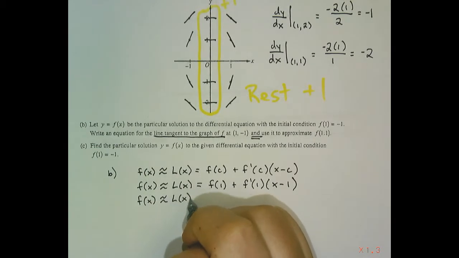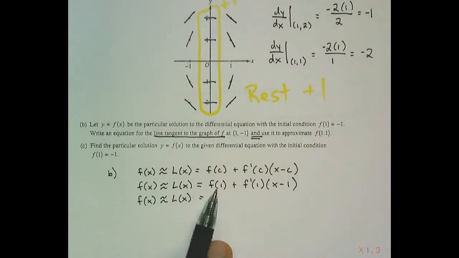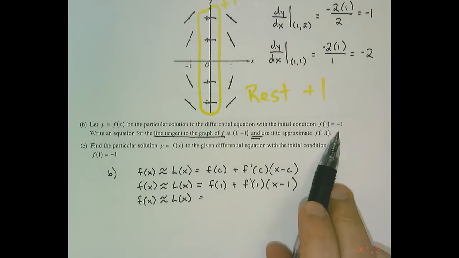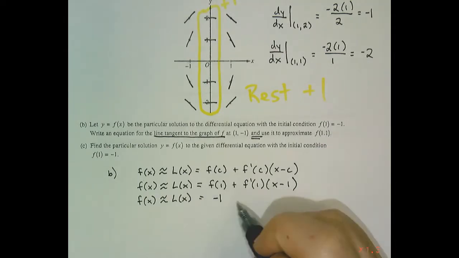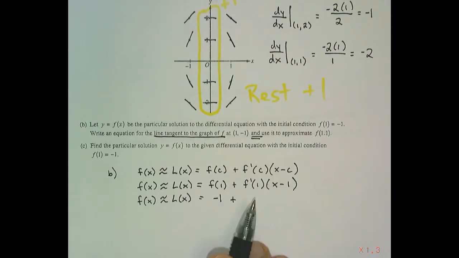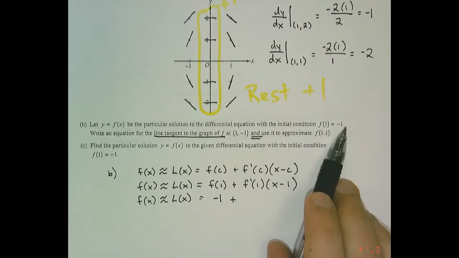And then we need to evaluate these things. F of 1, they give us, is a value of -1. F prime of 1, this is saying what is the slope specifically at the point (1, -1).